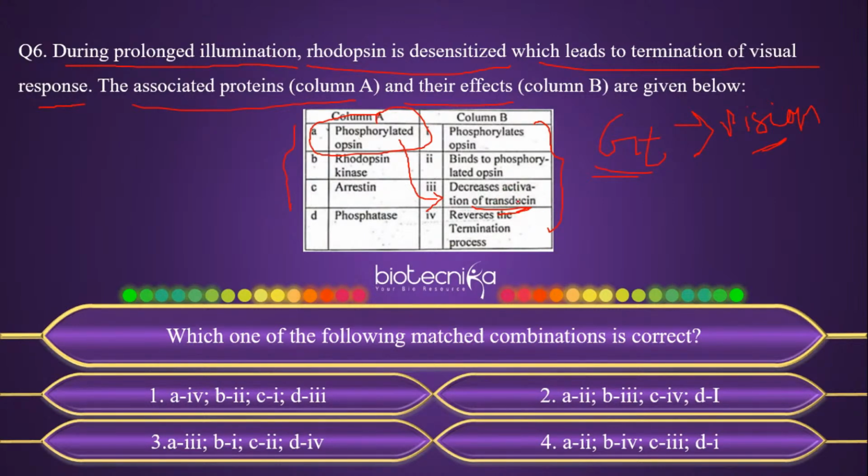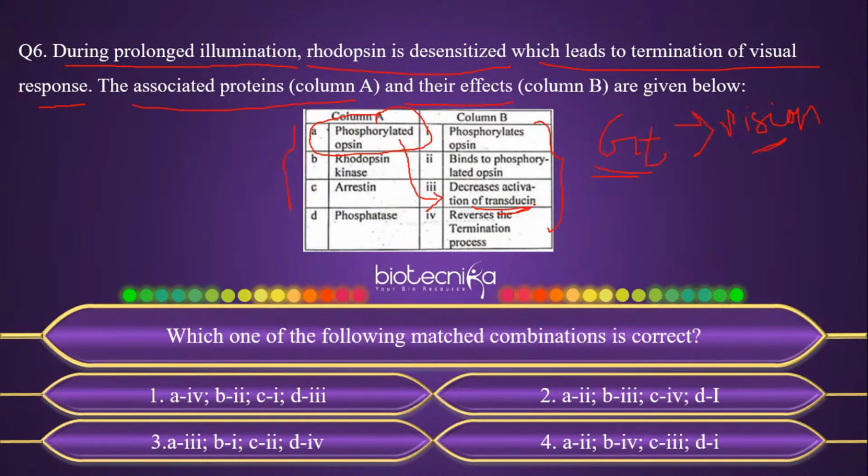Can anyone say? What could be the reason? I can see all of you are giving the correct answer. That's really good. Just one small query: why does this phosphorylated opsin lead to decreased activation of transducin?